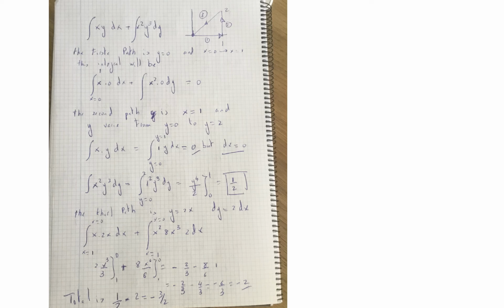Y cubed dy is y to the 4 divided by 4 between 0 and 2, let me correct this, 0 and 2.